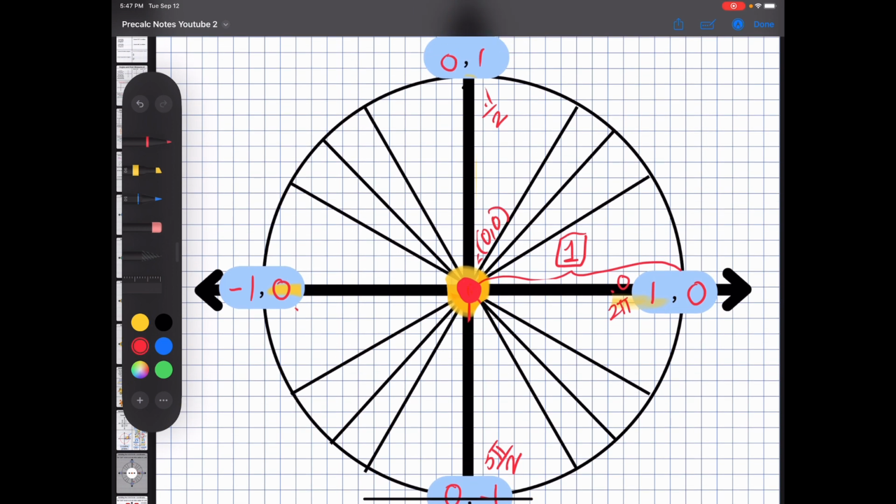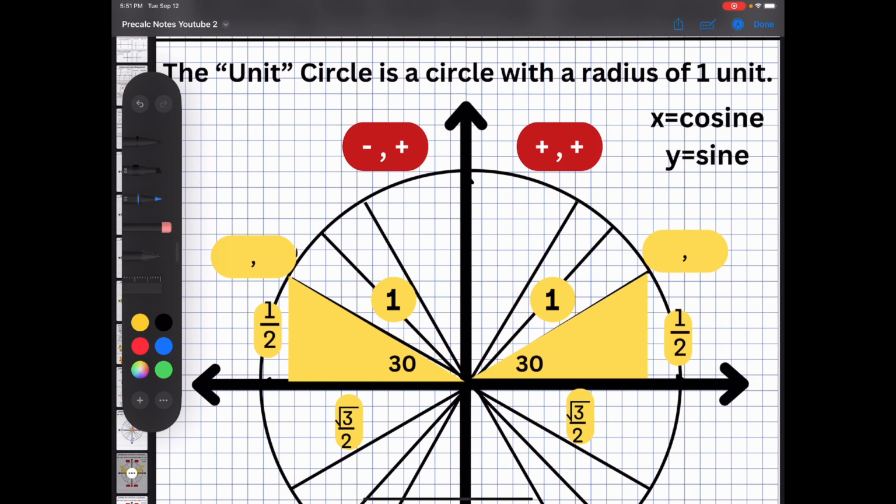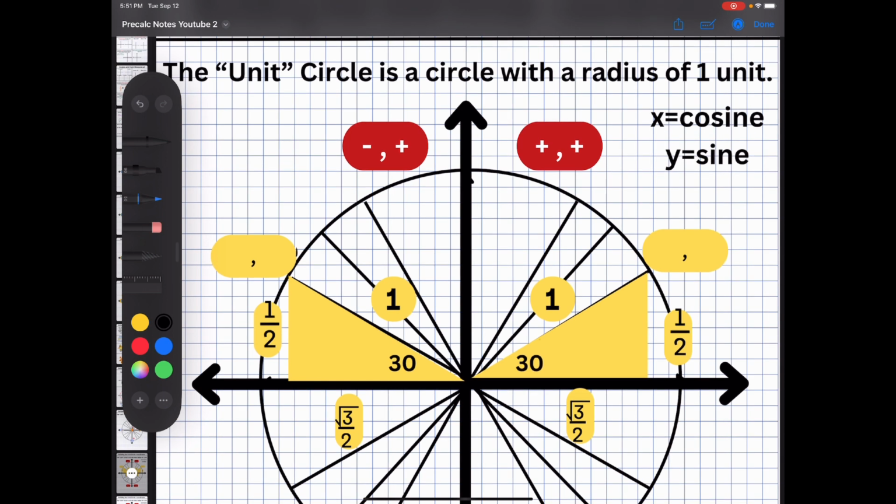And again, if I wanted to find the cosine of that angle, I use the first coordinate, and to find the sine, I use the second coordinate. We're going to start actually finding some of the coordinates of angles that are not quadrantal angles, angles that fall inside of a quadrant. So here I have 30 degrees, which is pi over 6. And I know that if I wanted to find the cosine, I would need the x value, and sine is the y value.